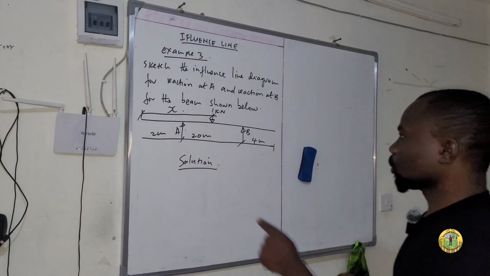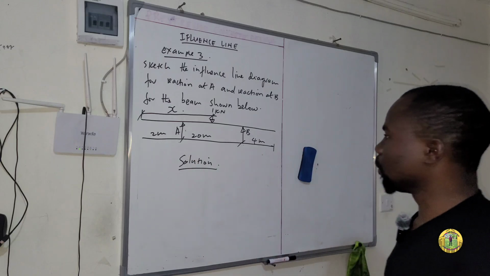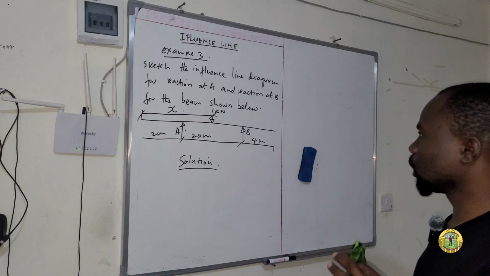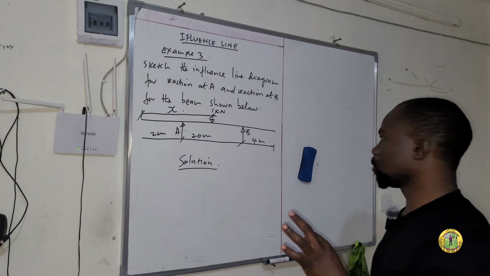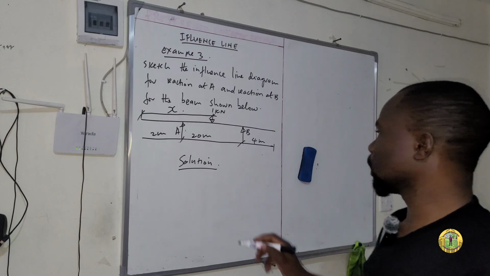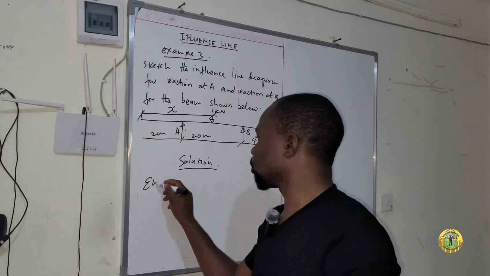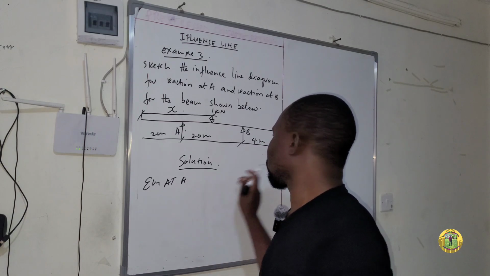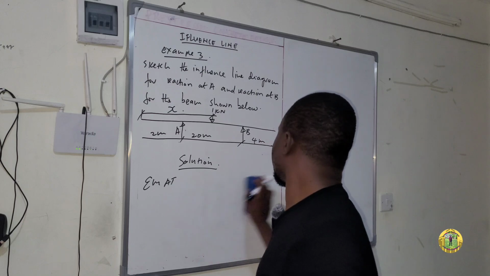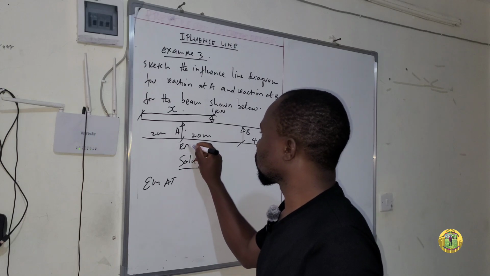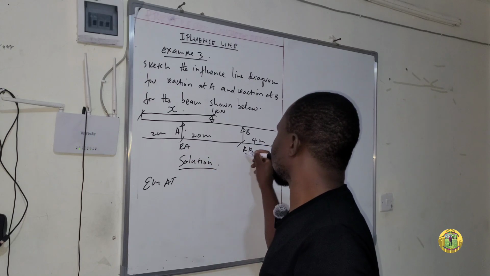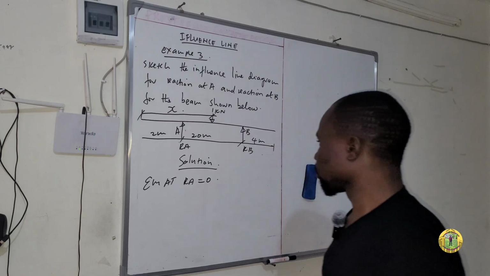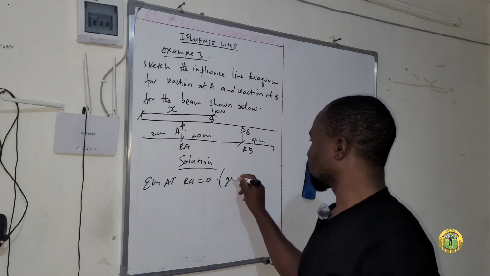Then to get reaction A and reaction B, we will use summation of moment about a point, or use the 3 equations of equilibrium. So we start with the moment. So summation of moment at A or RA. So this is RA and this is RB.